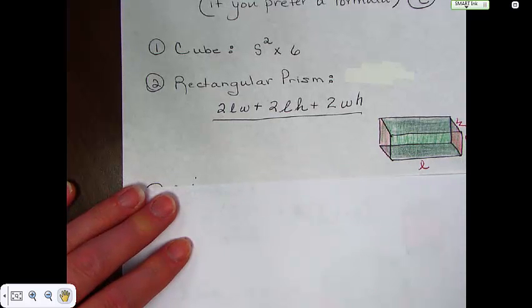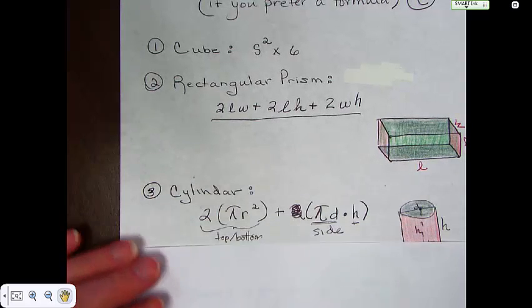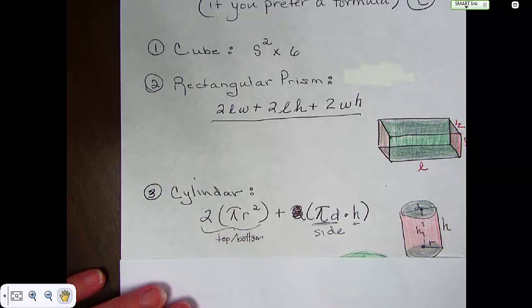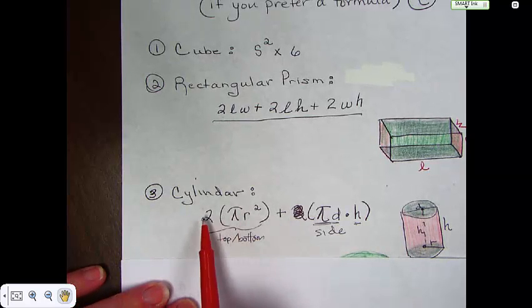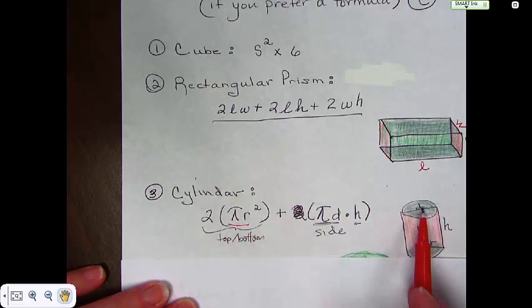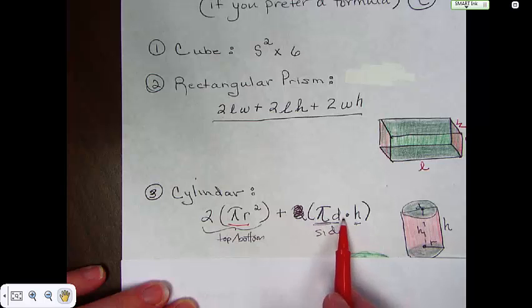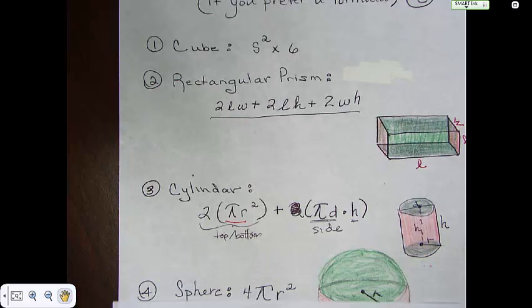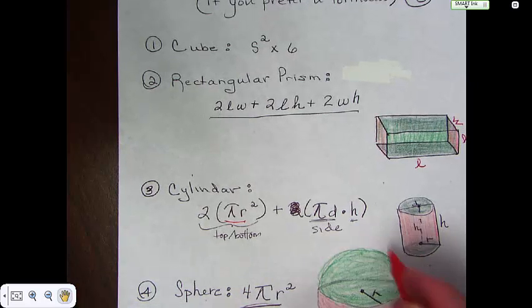I would put it in your notes just in case. To find the surface area of a cylinder, there is a formula: 2 times pi r squared. Of course, pi r squared is the formula for a circle, top and bottom. And then pi d is the circumference formula, times the height of the cylinder, will give you the rectangle that makes up the main part of the cylinder.